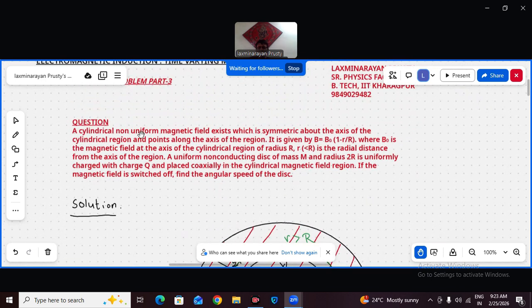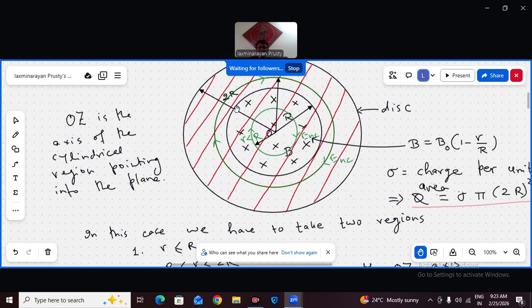A non-uniform magnetic field exists, symmetric about the axis of the region and pointing along the axis. You can see this radius R: within this region the magnetic field exists. OZ is the axis of the cylindrical region, pointing into the plane, and B also points into the plane, but B is symmetric about the axis.